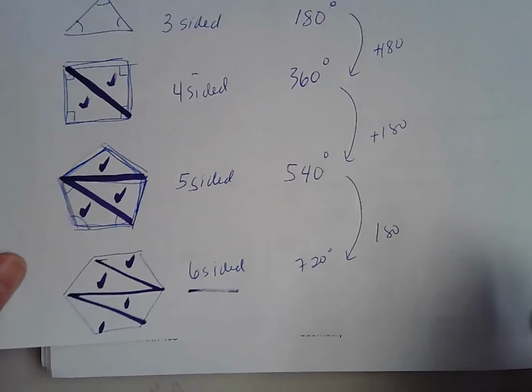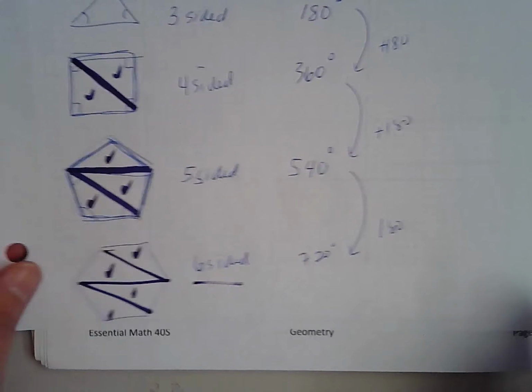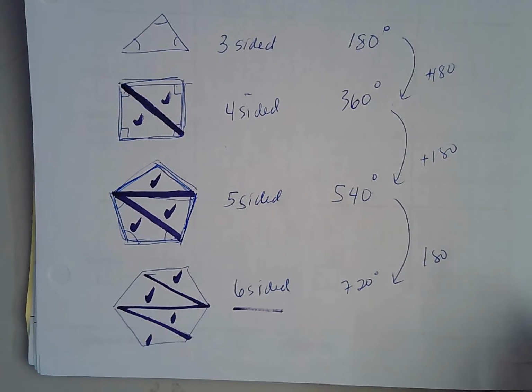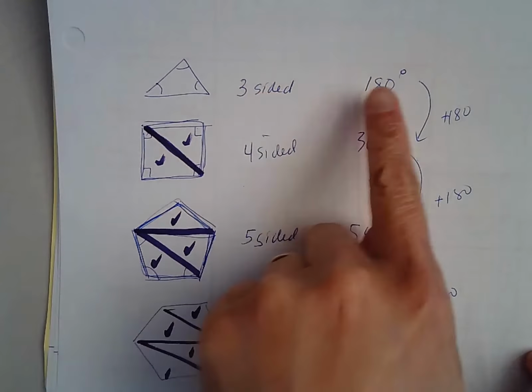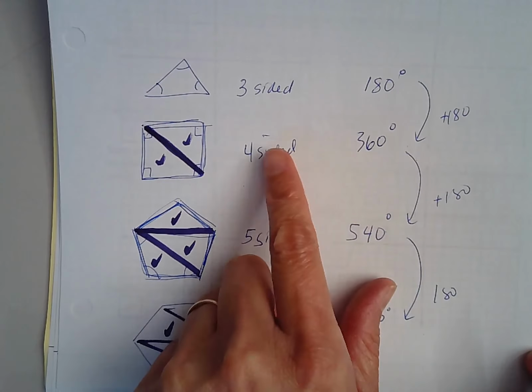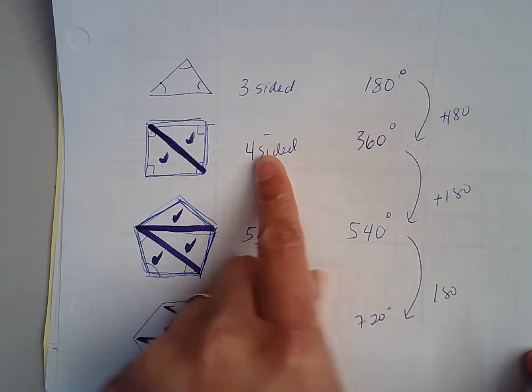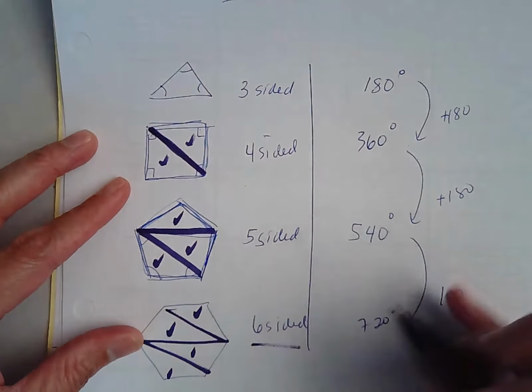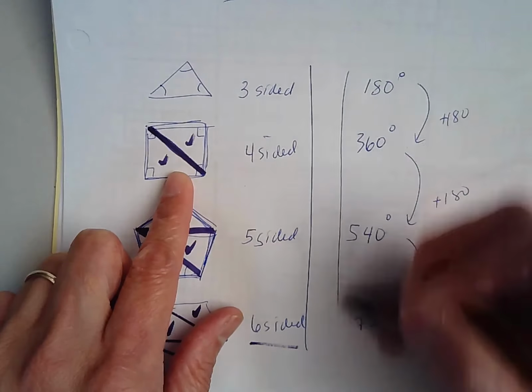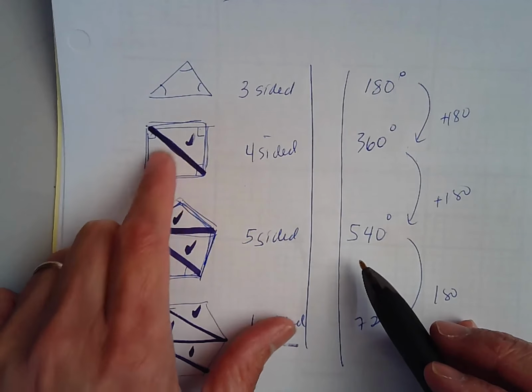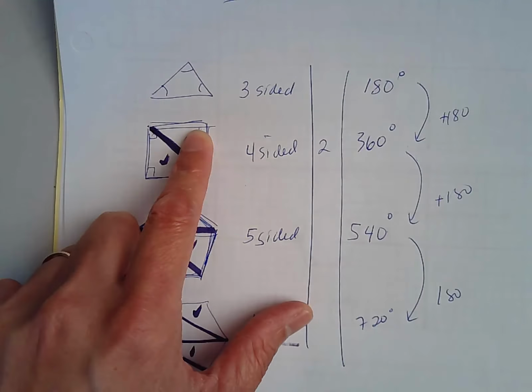Now, how does it all fit together? A 3-sided will give us 180. A 4-sided, how many triangles can I make? 2, right?